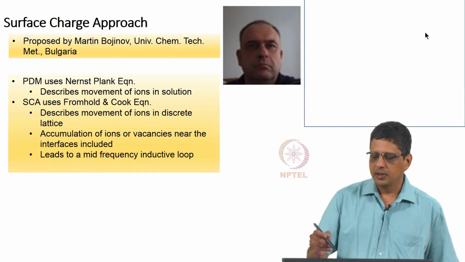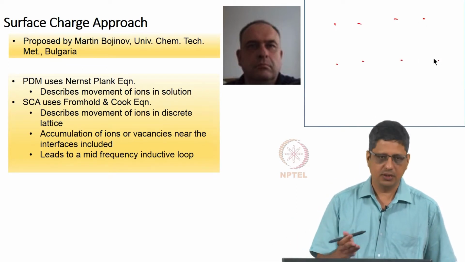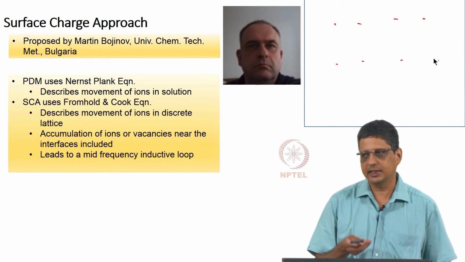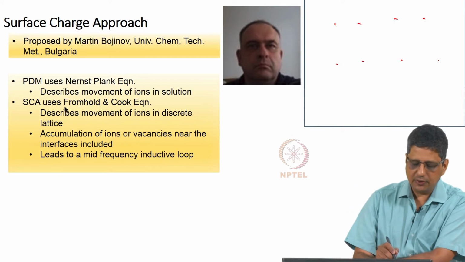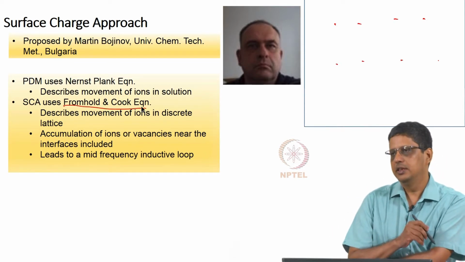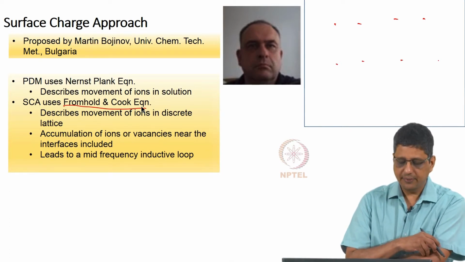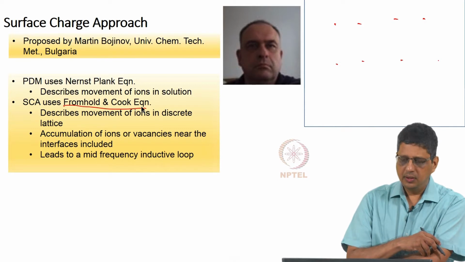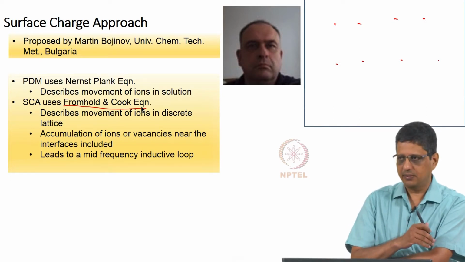Whereas if we have discrete locations, which is what is realistic in a crystal, the equation used to describe the movement of charged species in discrete locations is a little different. It is called the Frommel and Cook equation. That is used instead of the Nernst-Planck equation, and it gives you a slightly different expression.